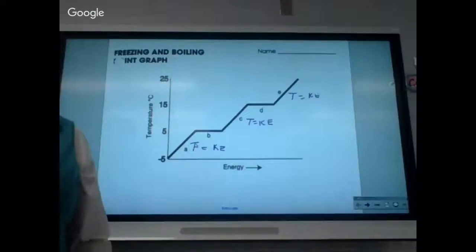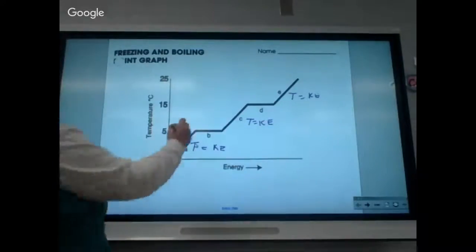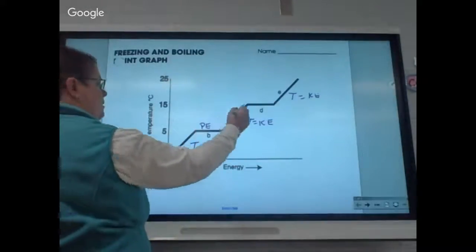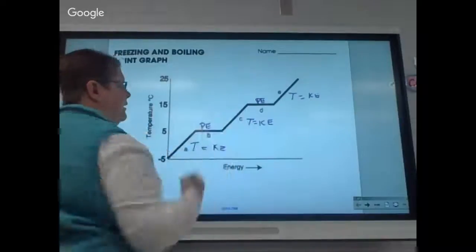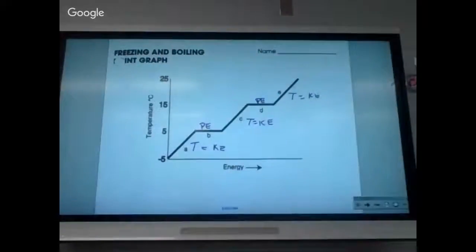So if kinetic energy changes there, where does the potential energy change in number 9? B and D. So potential energy changes in B and in D. Number 11. What letter represents condensation? D as in dog. And what letter represents crystallization?